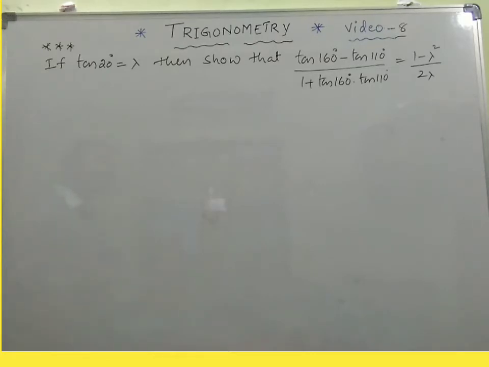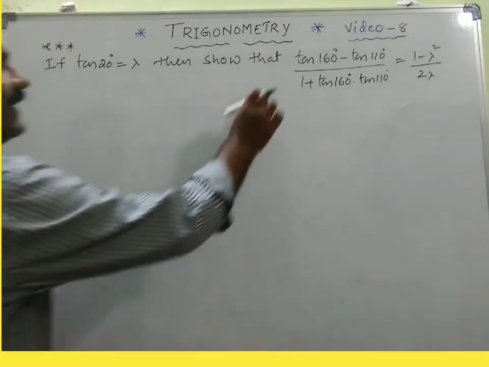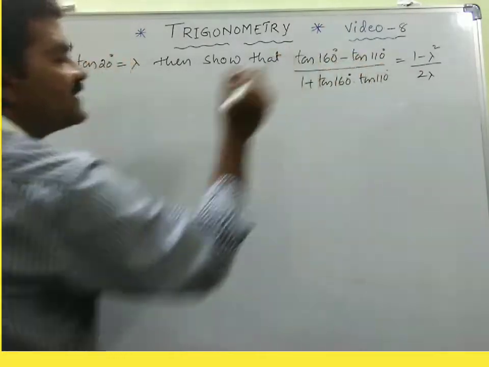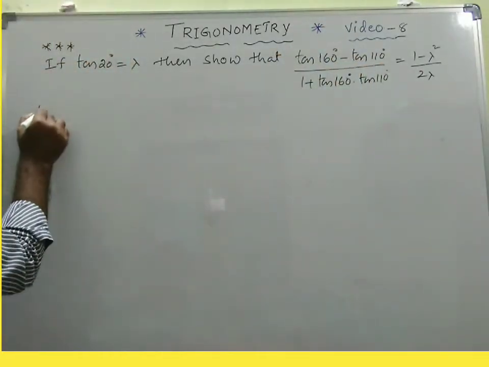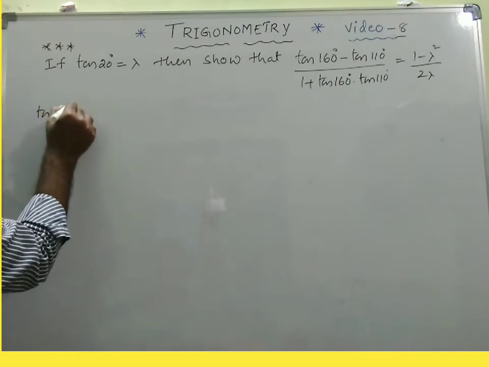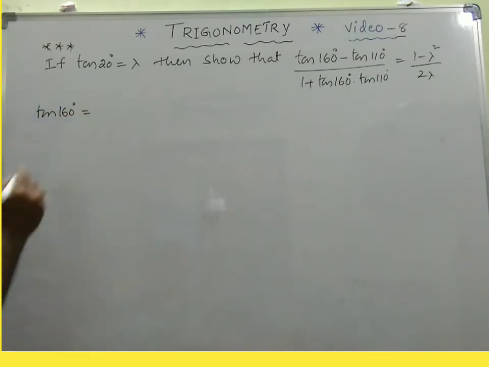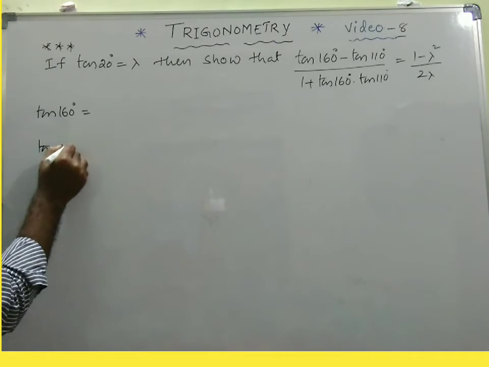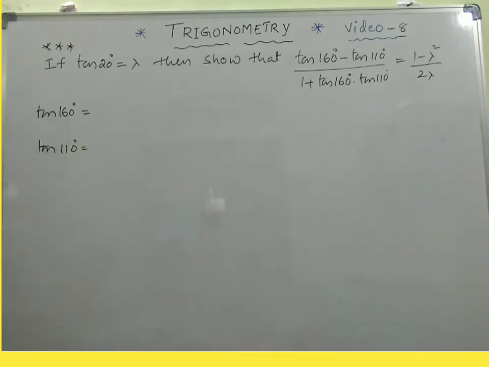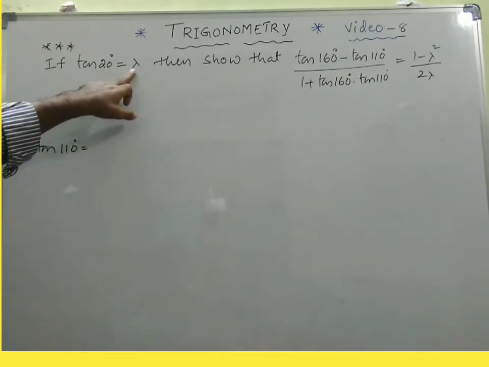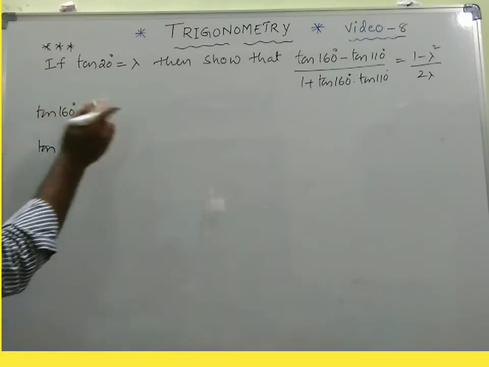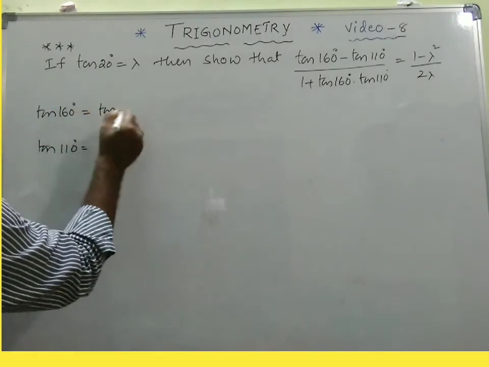Okay, so before entering into the left hand side part, try to simplify what is tan 160 and even what is tan 110 degrees. Since we know tan 20 as lambda, so try to express in terms of 20.